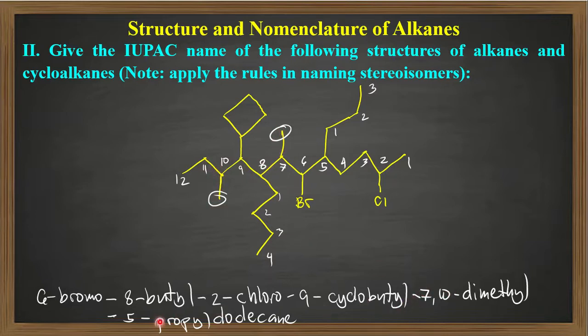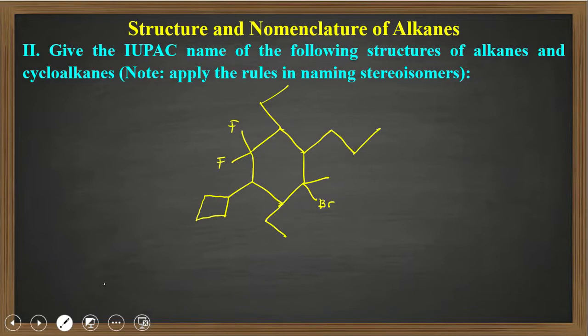And then we have 5-propyl. And then dodecane is our parent name because our longest chain contains 12 carbon atoms. So that's the name for this compound.